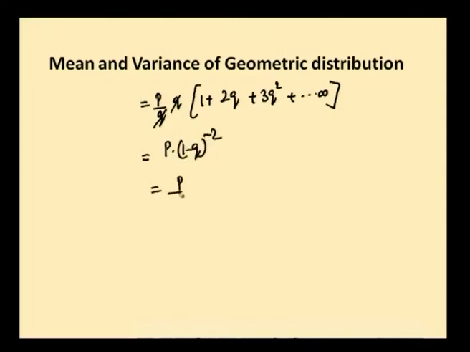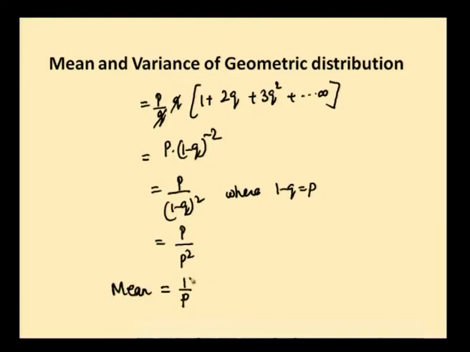So, p by 1 minus q whole square, where 1 minus q is equal to p, right. So, p by p square, which is 1 by p, mean is equal to 1 by p.